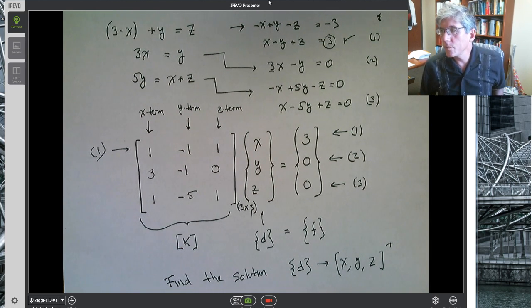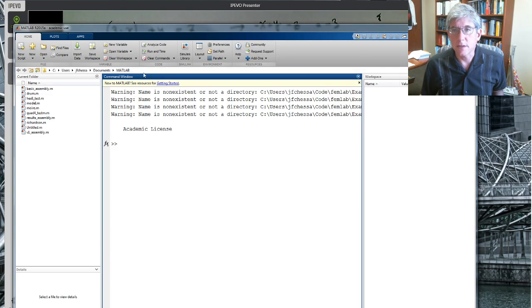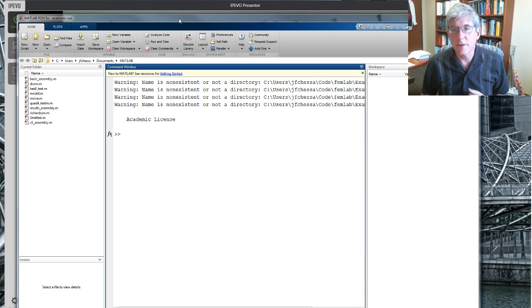So again, when these systems of equations get more complicated, it's going to be difficult to do these by hand. So something like MATLAB is a great tool for this. Here I've got MATLAB loaded, and hopefully the fonts are big enough that you can see what's going on in here. It's actually pretty straightforward. Mostly you're going to be working in this command window here.